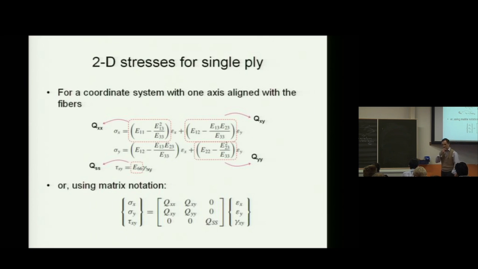And I will then be able to write my in-plane stresses, sigma x, sigma y, and tau xy, in terms of the in-plane strains, epsilon x, epsilon y, the 2 normal strains, and gamma xy, the shear strain. When I do the elimination and collecting terms, I will have a quantity multiplying epsilon x in the first equation, which we call Qxx, and then a quantity multiplying epsilon y, which we call Qxy, and so on, which means I can create a matrix relationship for the stresses as a function of strains in terms of these stiffness terms.